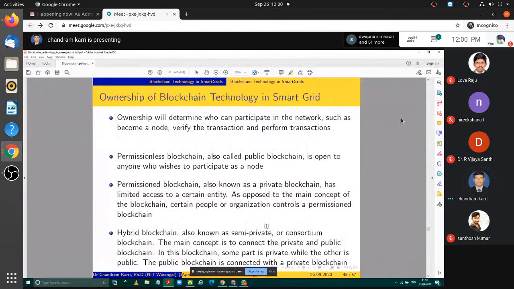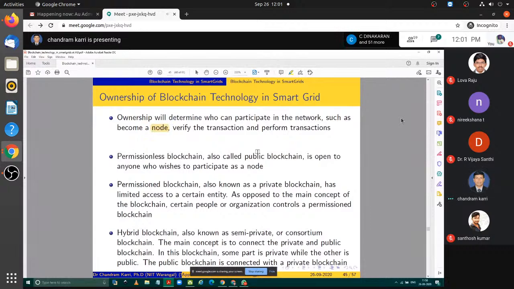But the third one is ownership. If it is a smart grid application, ownership will determine who the players are, who will be the participators. For all the participators, ownership is like permissions given to all owners, and each individual owner will be defined with a node. So he has a right to perform the transactions.